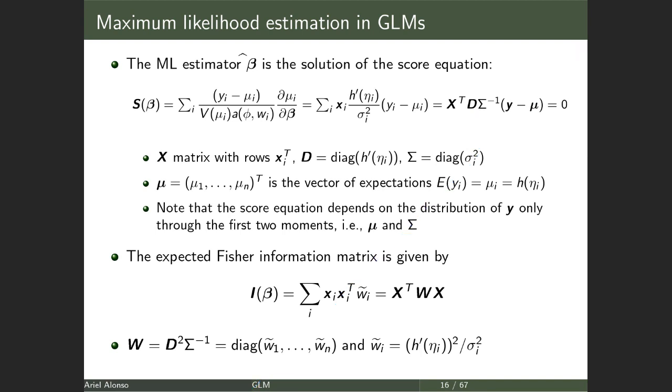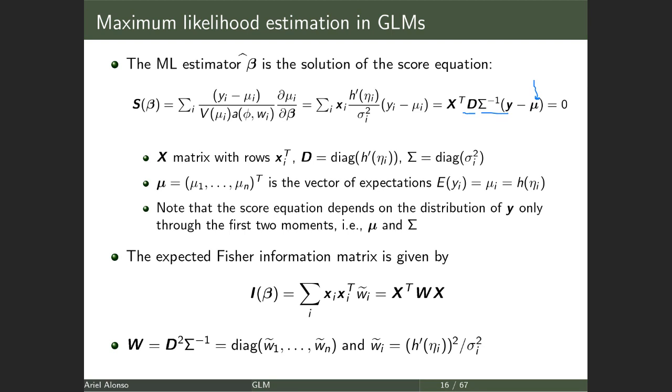In the linear regression model, this is just equal to the linear predictor. In the logistic regression model, this is just the sigmoid function, etc. But you plug in here the mean, you plug in here the D, you plug in here the sigma, and you will see that whether you are dealing with Poisson, logistic regression, linear model, whatever, the structure of the score functions is exactly the same.